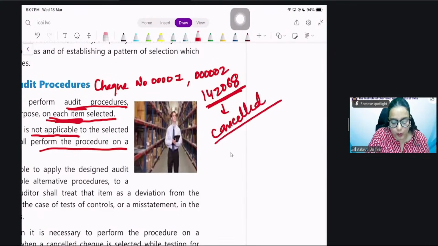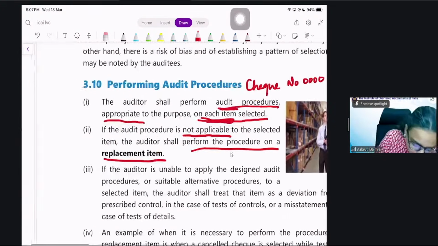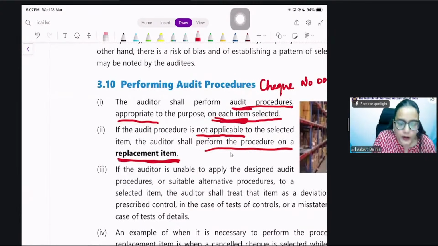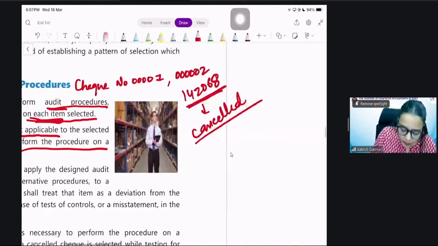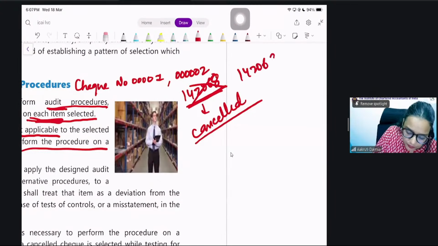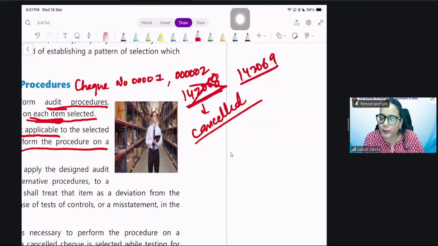Can I apply the audit procedures on a cancelled check? No, there's nothing to check. Nothing was issued, no payment was done. So what will I do? I will find a replacement item. What does replacement item mean? Check number 142068 was cancelled, so let's find 142069.